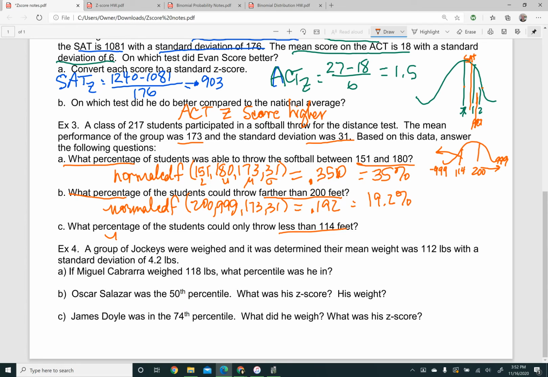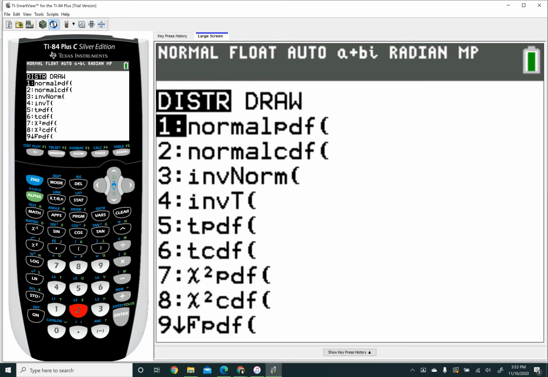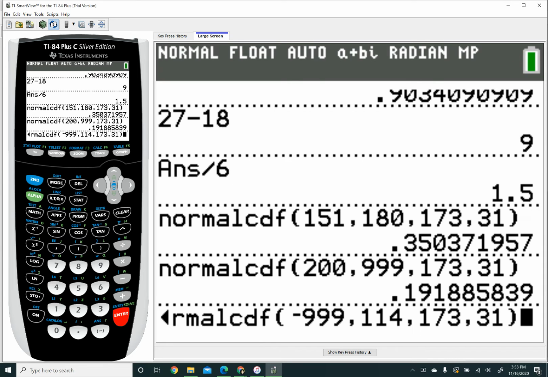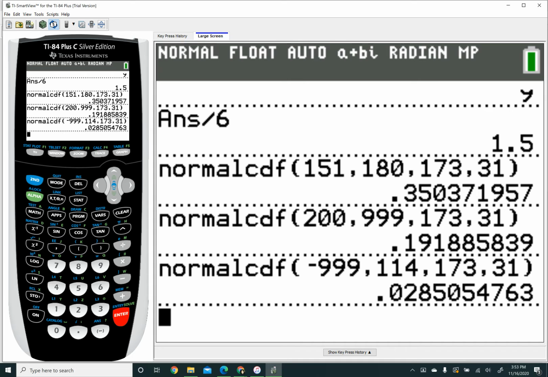So normal CDF, negative 999 to 114, 173, 31. So second, negative 999 to 114. And so we get 0.029, or 2.9%.